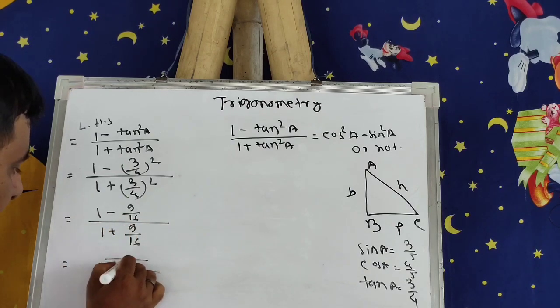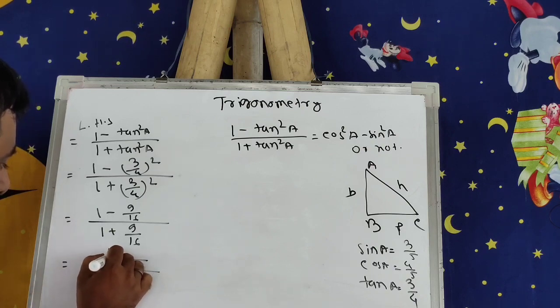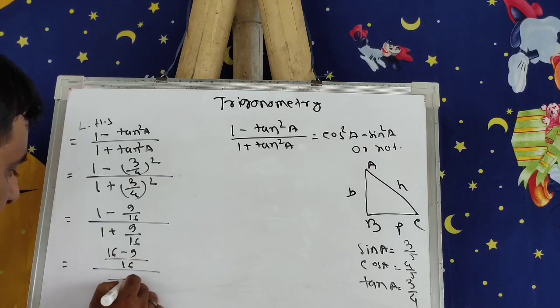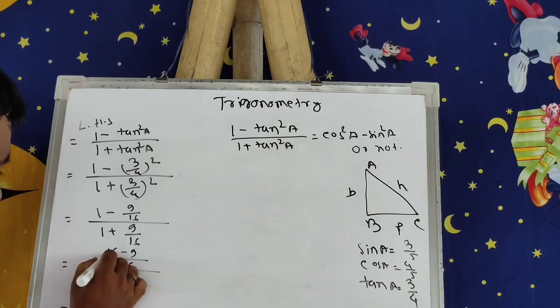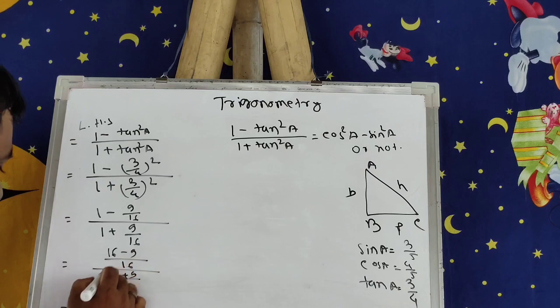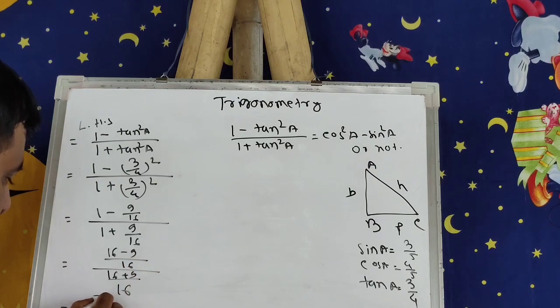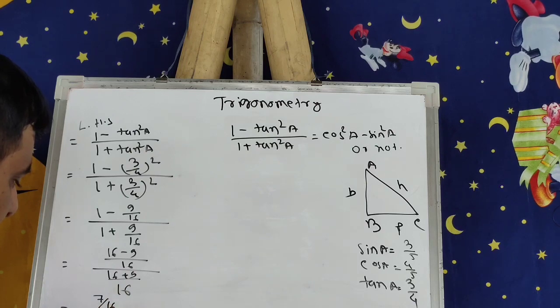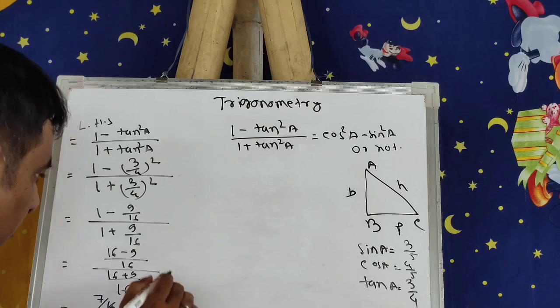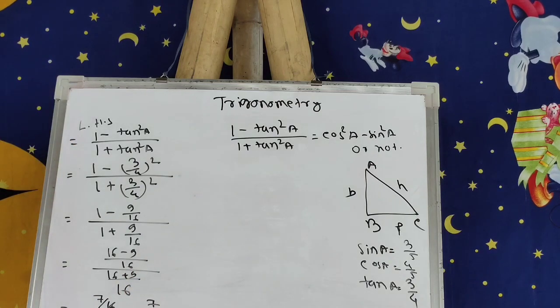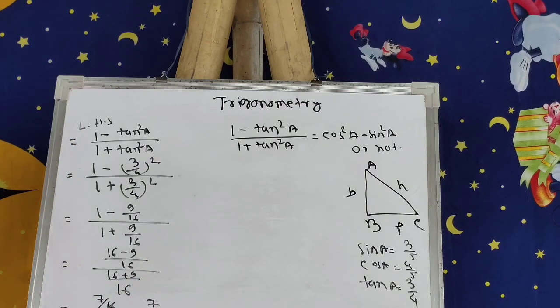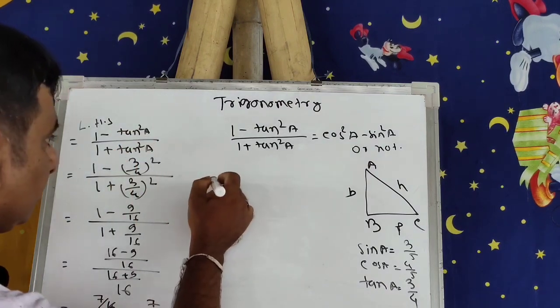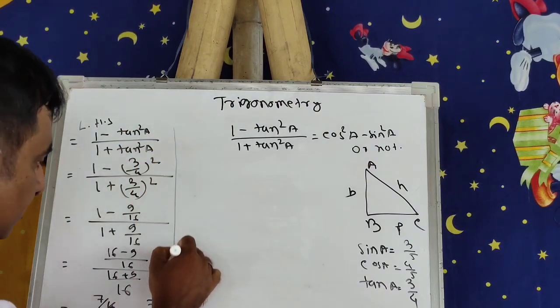Take the LCM of 16: 16 minus 9 over 16, 16 plus 9 over 16, is equal to 7 by 16 and 25 by 16. So 16 cancels out, equal to 7 by 25. Okay. Now, RHS.